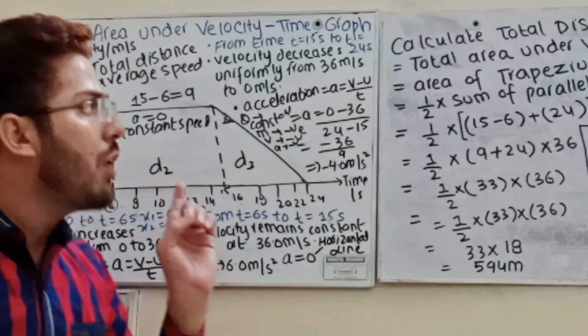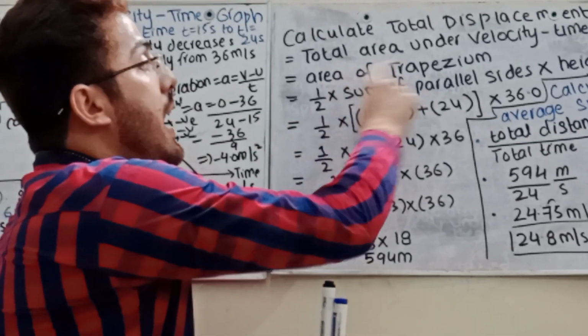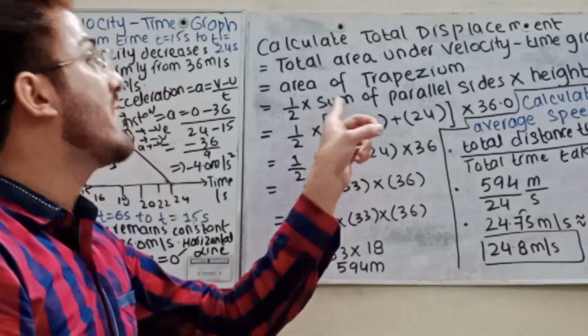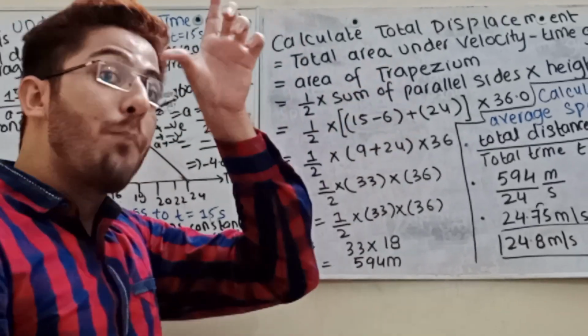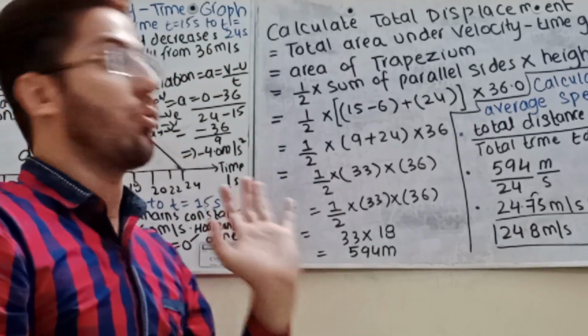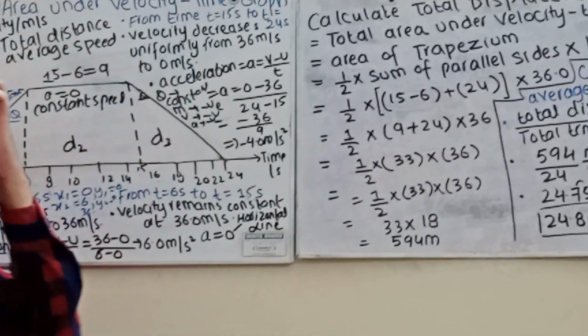Now student, do remember one thing I told you, that we are going to apply area of trapezium. This is basically a formula you need to memorize. Student, do remember, sum of parallel sides multiplied by height. How are you going to apply this formula? Student, do remember this figure again.